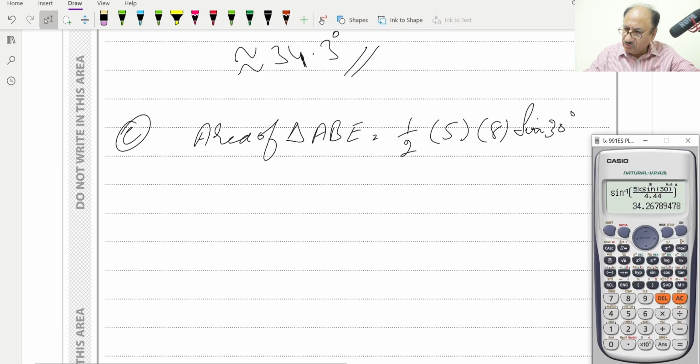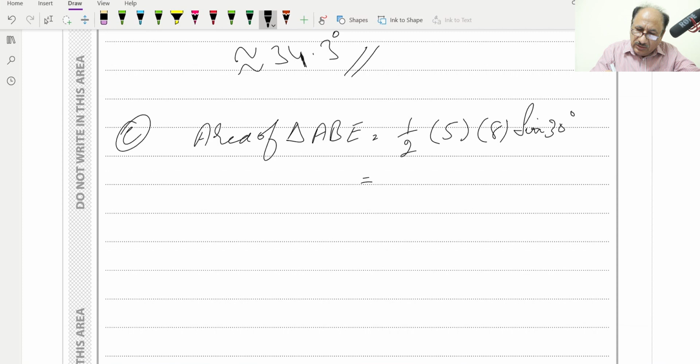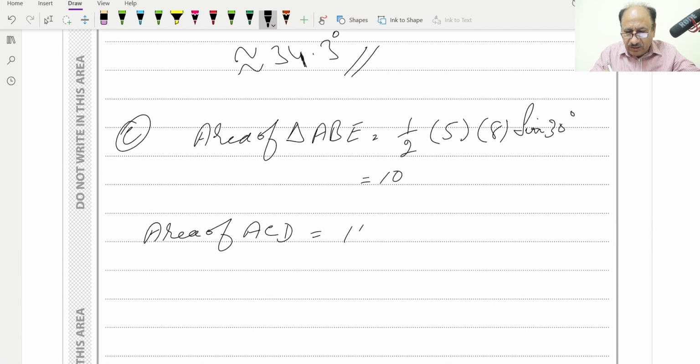First we'll simplify this one. Half I have written as 0.5, into 5 into 8 multiplied by sine of 30 degrees, and this gives 10. So this area is 10. Now the area of ACD is 10 plus 18.9, which will be equal to 28.9.